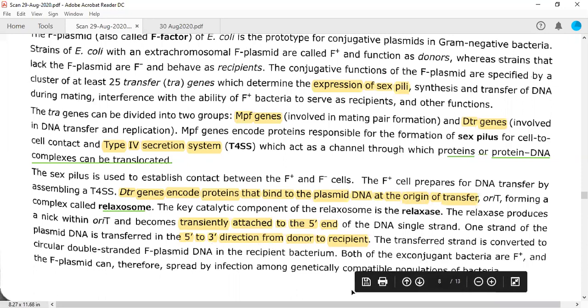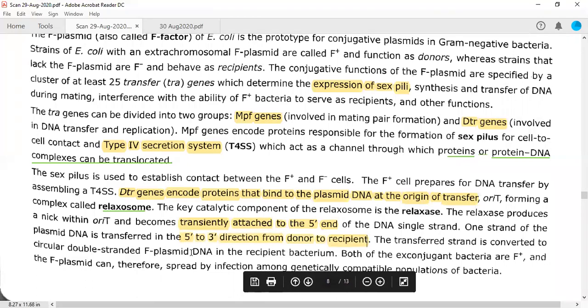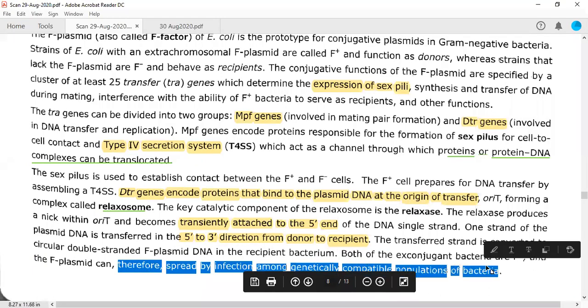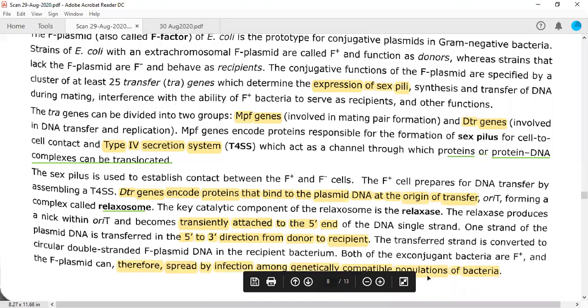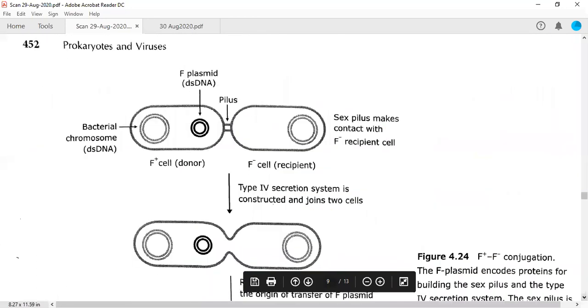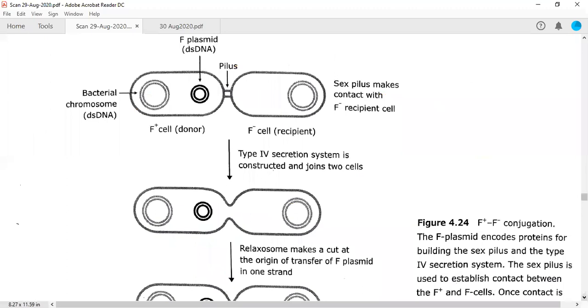Single strand is transferred, but after transfer it will be converted into double-stranded F plasmid, and the F negative cell will become F positive. These F plasmids can therefore be spread by infection among genetically compatible bacterial populations. A population means the same species of bacteria. Since it is intraspecific, it can spread by infection between closely related species of bacteria or in the same species.